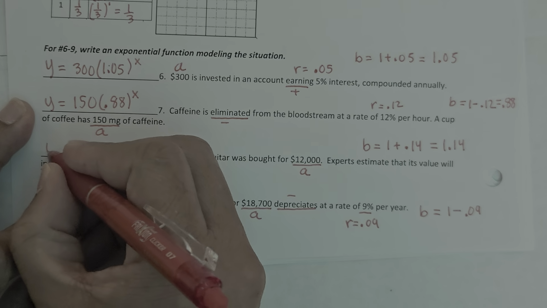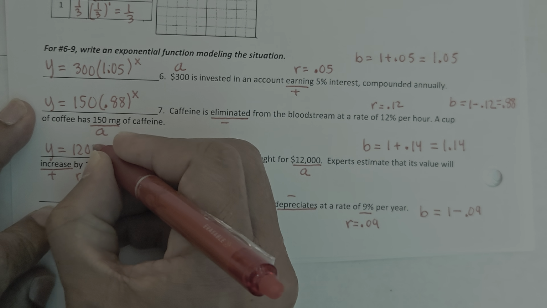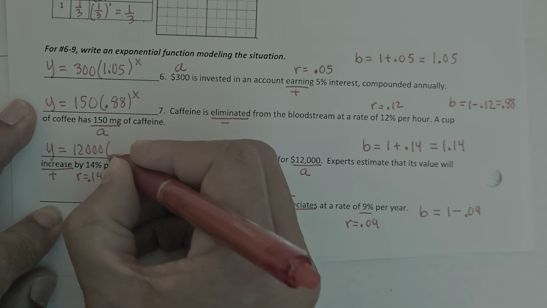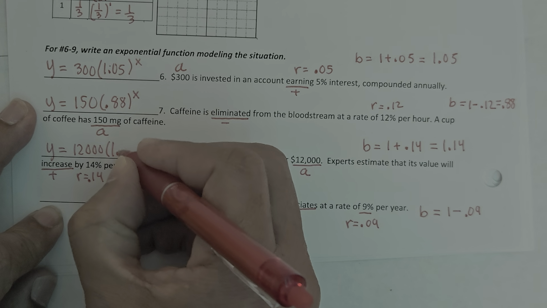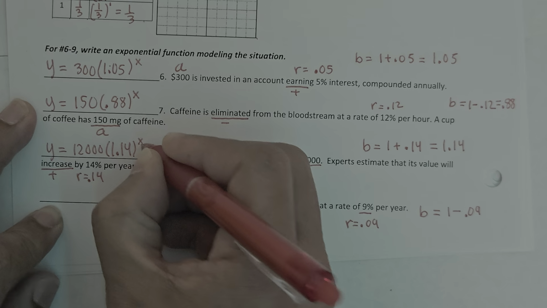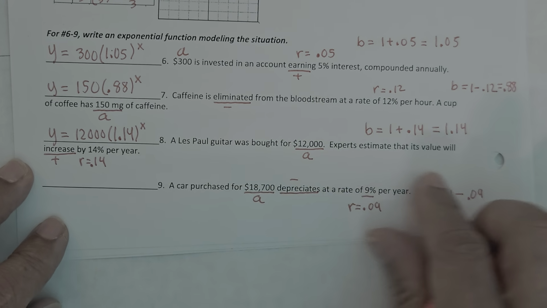So then to write the equation, we have y equals the initial amount, which is $1,200, and then b is 1.14 raised to the x. Okay, so this is the equation that will help you answer any questions about this problem.